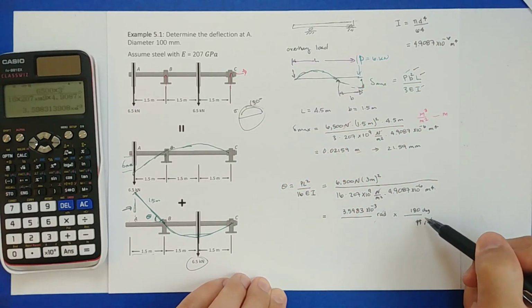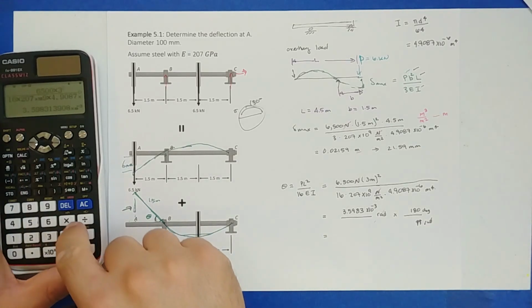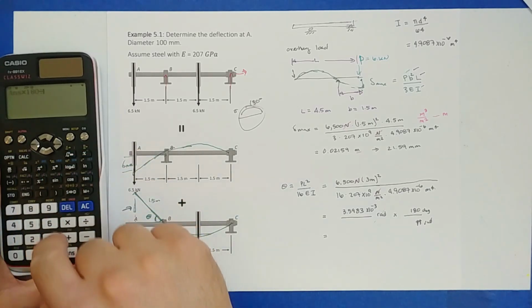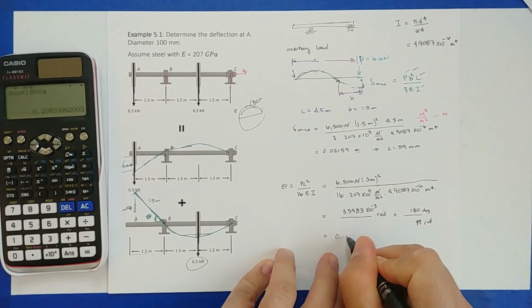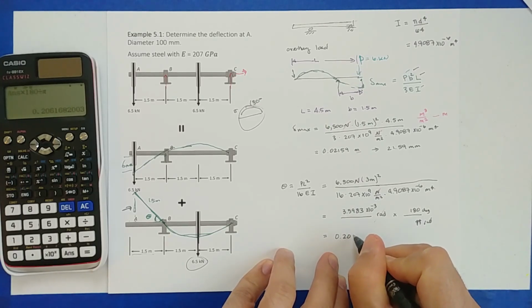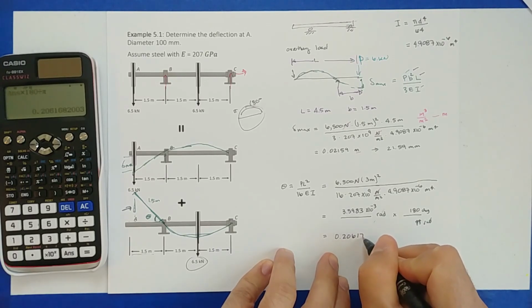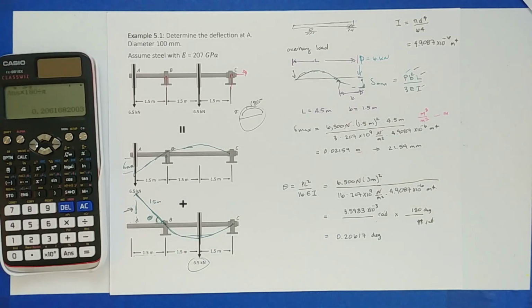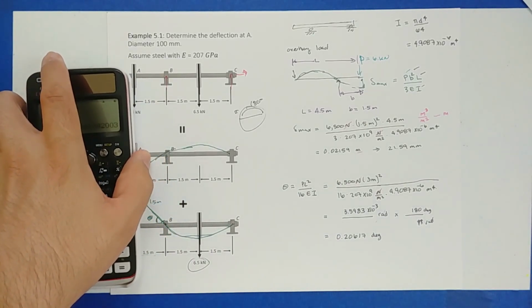Anyway, so we multiply this times 180 and then divide by pi. This equals 0.20617 degrees. Again, you can use either or, but just make sure the calculator is using the right function.